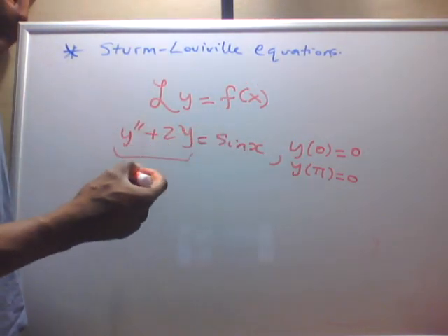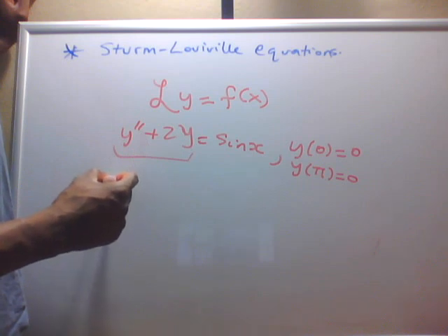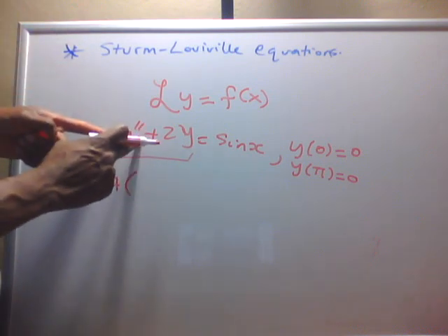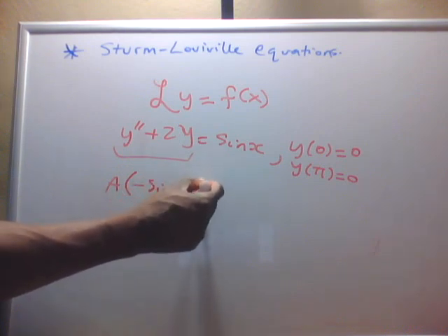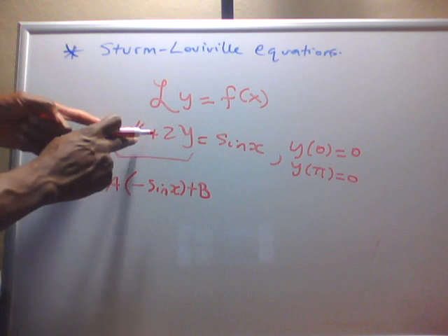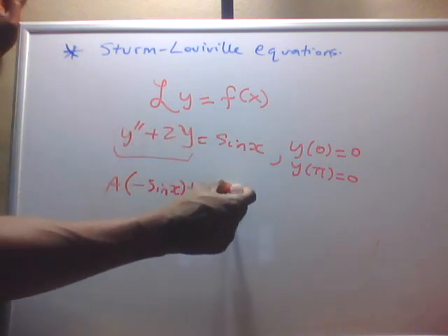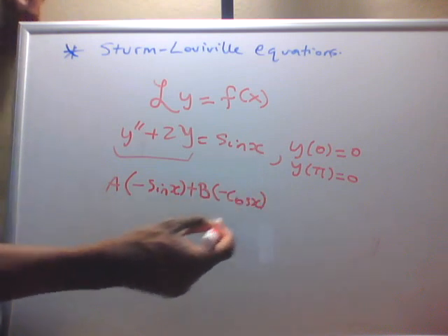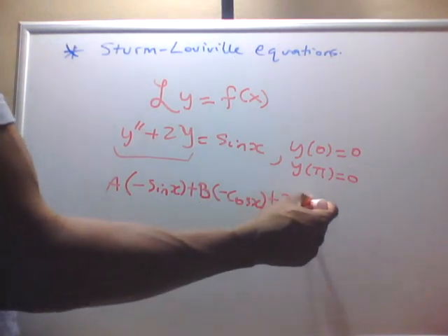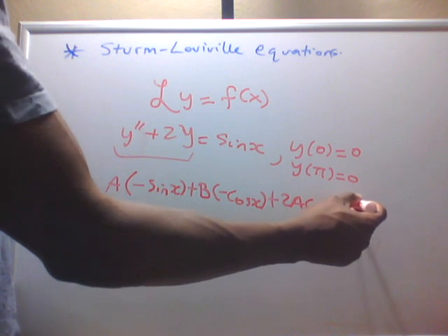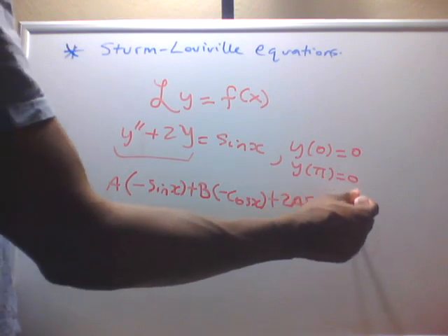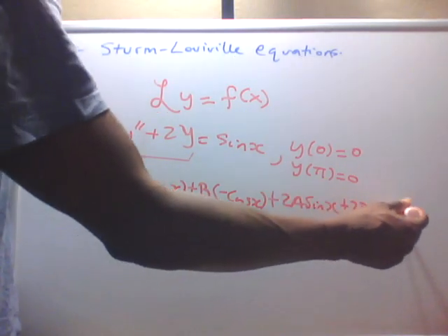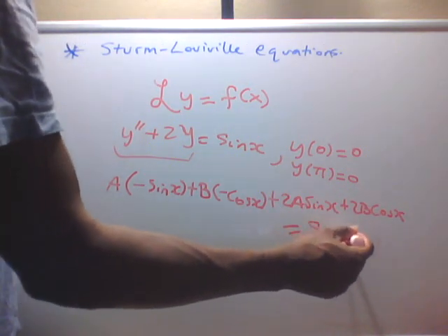Plug a sine x plus b cosine x into this. For the a sine x, I differentiate twice, I get negative sine x back, plus b cosine x, differentiate twice, I get negative cosine x back, plus 2a sine x plus 2b cosine x equals sine x.